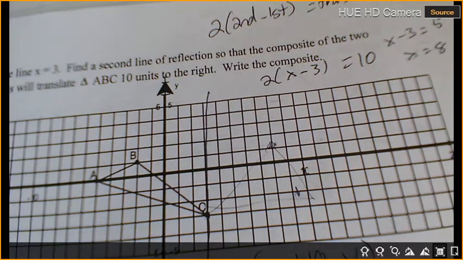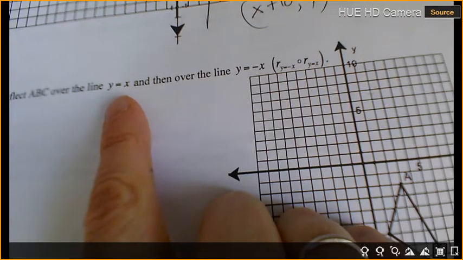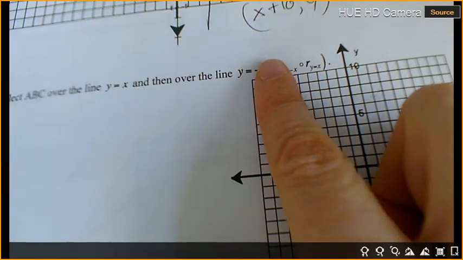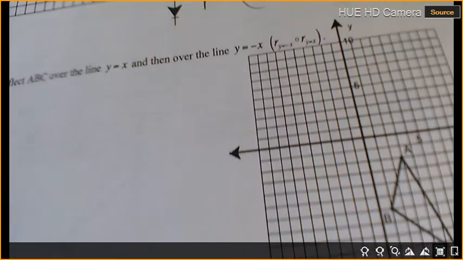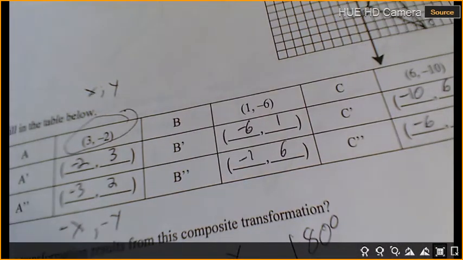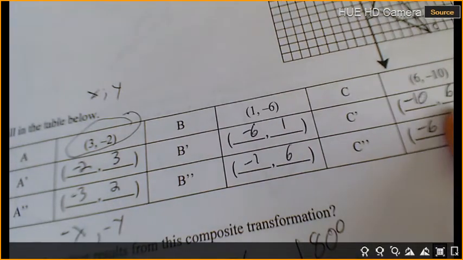Number 41. Okay. It says we're going to reflect over line y equals x and y equals negative x. You can graph it, but you're going to have to put it on your own graph paper. Or we know y comma x is the formula for y equals x. We get negative 2, 3, negative 6, 1, negative 10, 6.